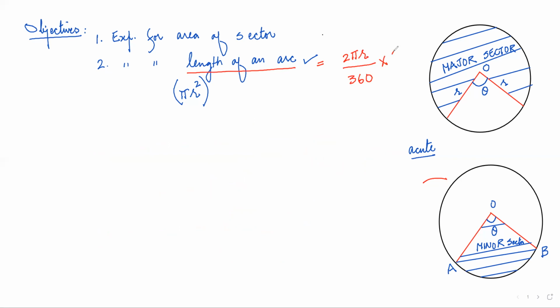When the angle is theta, it is 2 pi r by 360 into theta. Is it right, students? This is the length of the arc corresponding to which angle? Theta. So if theta has infinite values, the length of the arc L, I am representing the length of the arc by L, L will also have, any student?